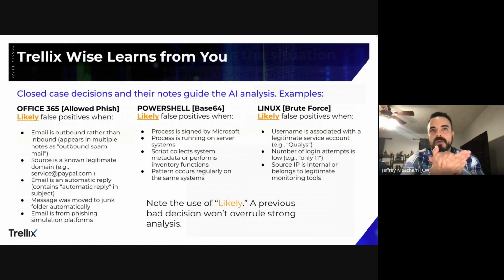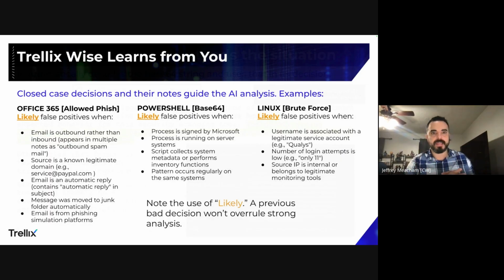Now, I would say that one of the most powerful things about Trellix is it doesn't just apply static rules. It learns from your unique environment and your own team's decisions over time. So when an analyst closes a case, Trellix is able to capture the context, the notes, the conditions, and the outcome.